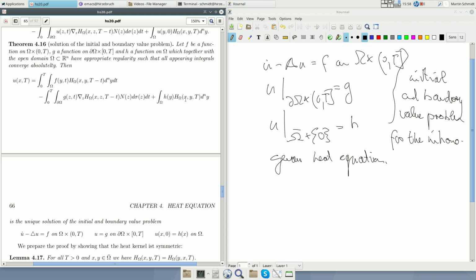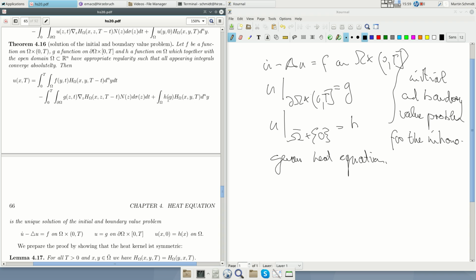But by the second property of the heat kernel, and by this theorem, we know that this then really gives the fundamental solution.